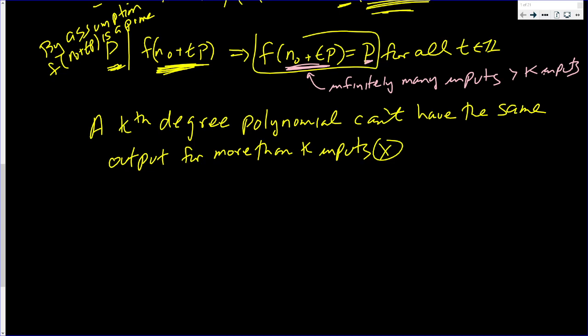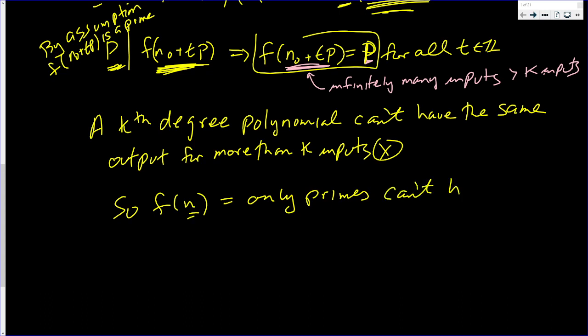We're getting more than k inputs with the output p, and that can't be. So f of n equaling only primes for integer inputs cannot happen. And that's what we wanted to prove.